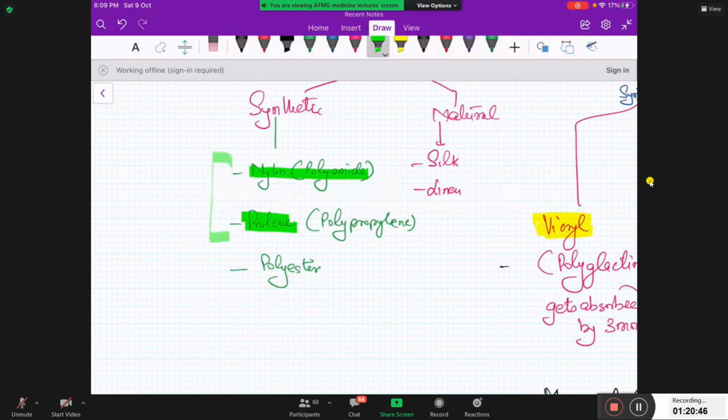So that means these two are monofilament or non-braided, one and the same thing.